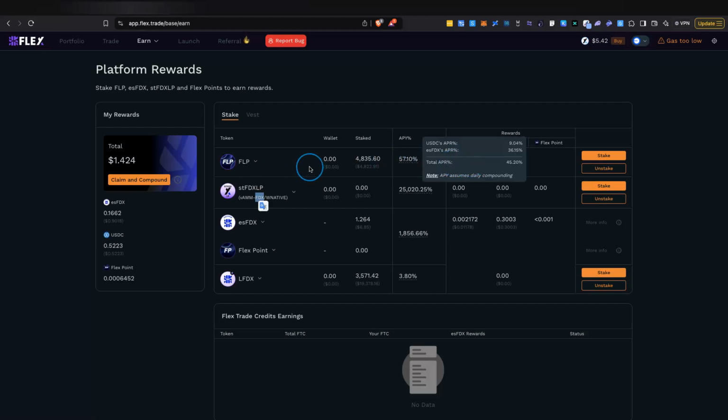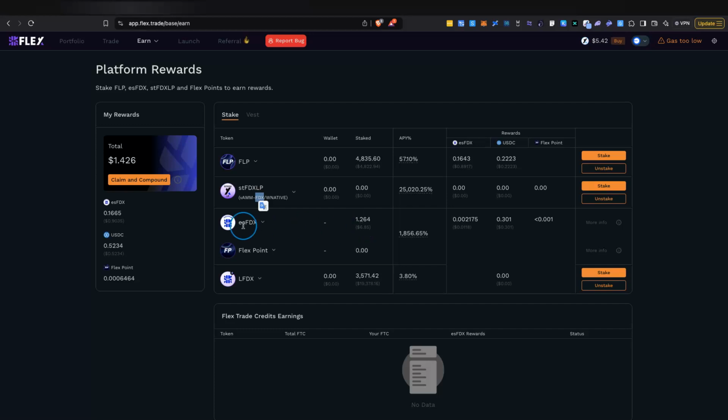And we're paid for that. So we can take this over here, we can claim it, and when we claim and compound, you can't just claim. Yeah, you claim and compound, it puts it straight into here. Now, each one of these ES FDX tokens, as I've already said, is just one of those that we can't get at for 12 months.